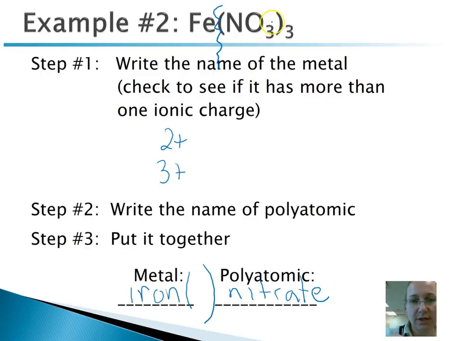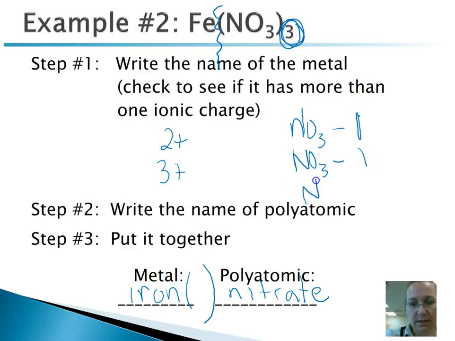What you can do is you can look at your nitrate group. Now I know nitrate, NO3, has a charge of -1. I know I have 3 of these groups because of this subscript on the outside. So 3 NO3s on this half of my molecule.